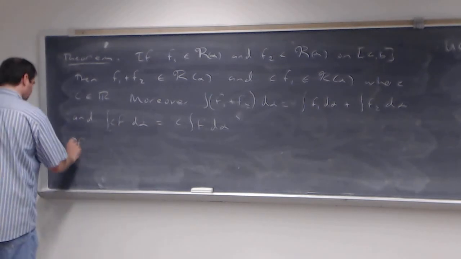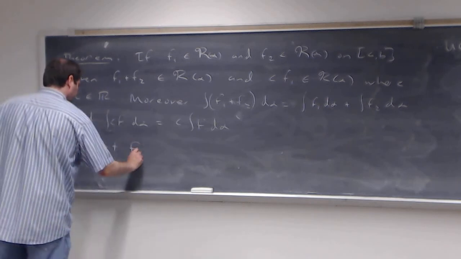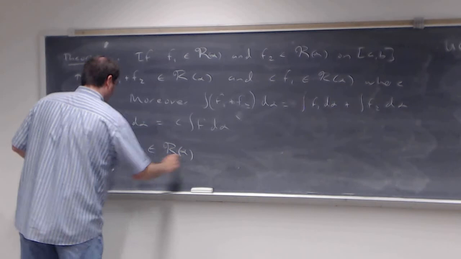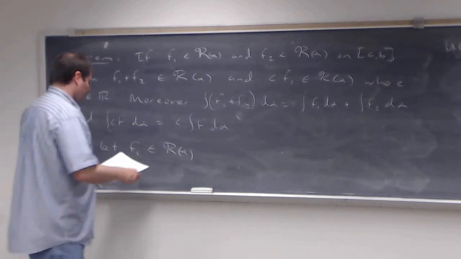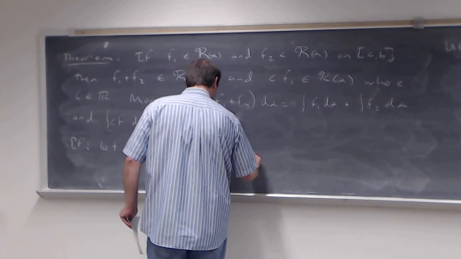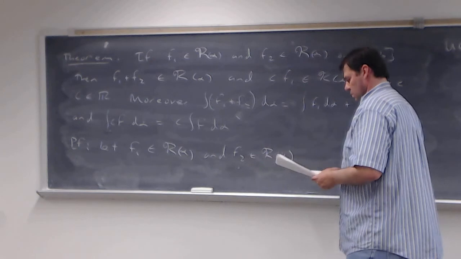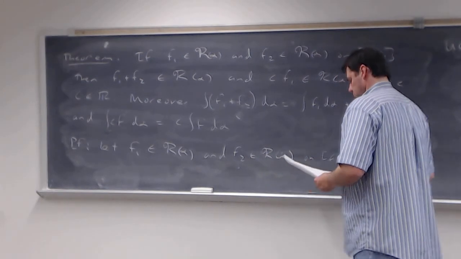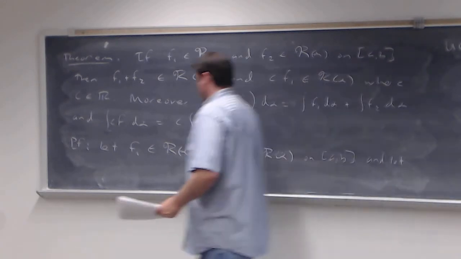So, as proof, we'll let f sub 1 be an element of the Riemann-Stieltjes integrable functions, and f sub 2 also Riemann-Stieltjes integrable on a, b. And we'll let c be a real number.